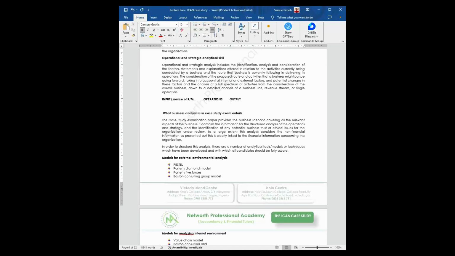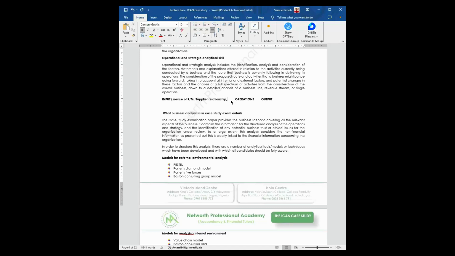We can also talk about supplier relationship. If there is no good relationship between the supplier and the business, that may also lead to issues in the business. Maybe the supplier usually supplies materials on credit, and the credit is being abused.